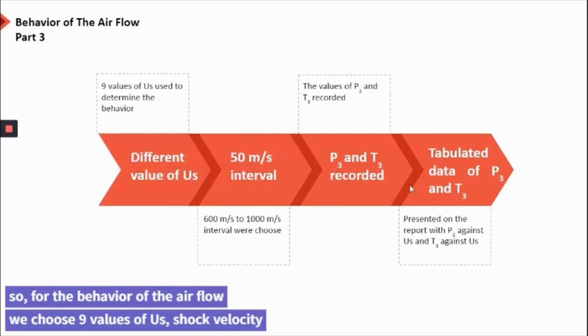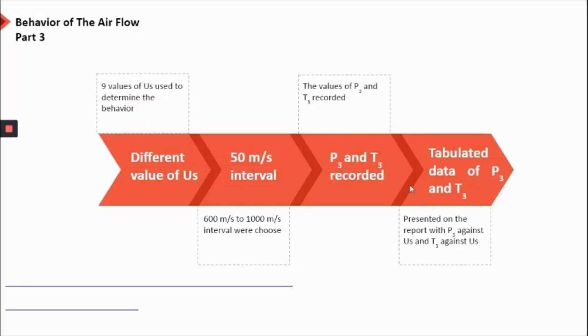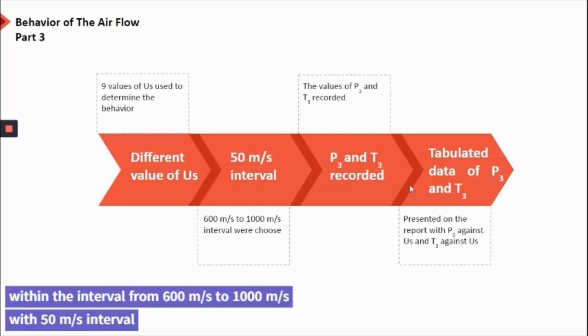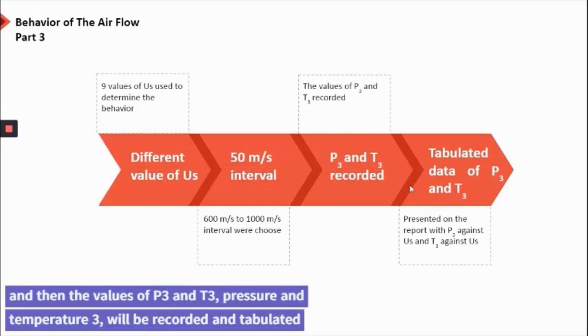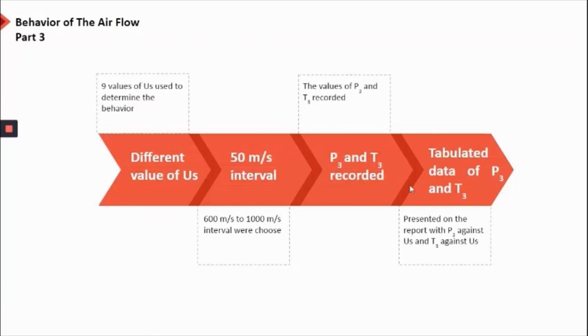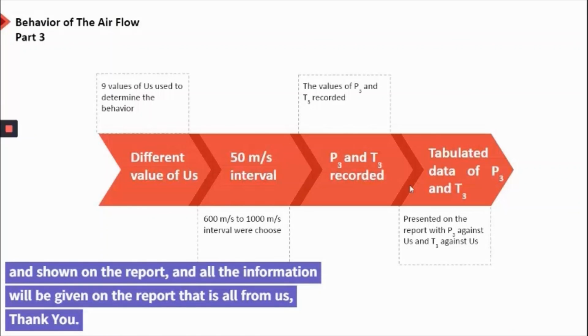For the behavior of the airflow, we choose 9 values of US, the shock velocity, with an interval from 600 meters per second to 1000 meters per second with a 50 meters per second interval, and then the values of P3 and T3, pressure and temperature 3, will be recorded, tabulated and shown in the report.